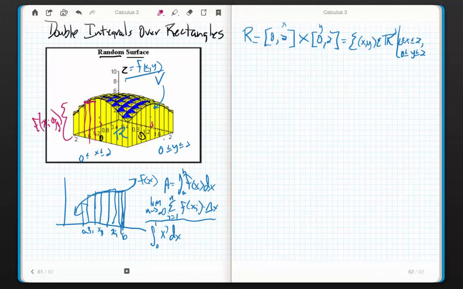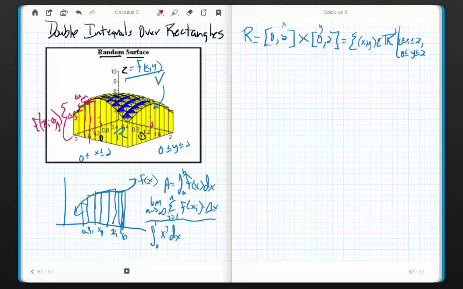Now, I'm not going to get too crazy on this, but let's get a little bit of theory here. Now look at how this thing is set up, which I know is a little bit goofy, but bear with me. Do you agree that the thickness of this guy in that direction along the x is just delta x? And the thickness in this guy right here is delta y. Okay?